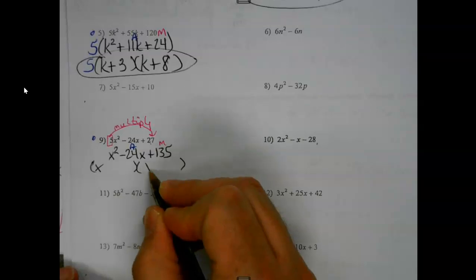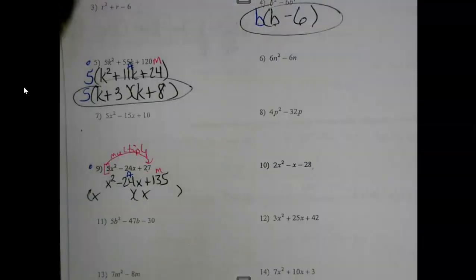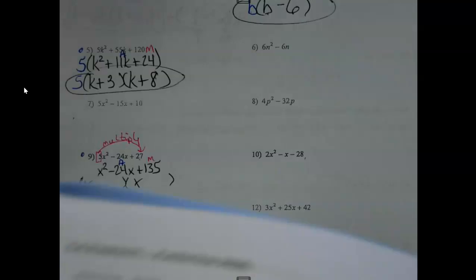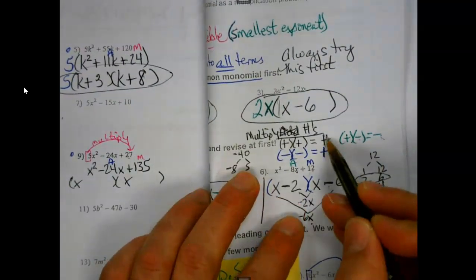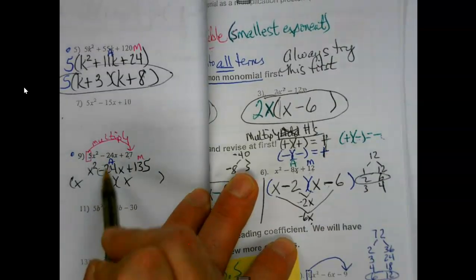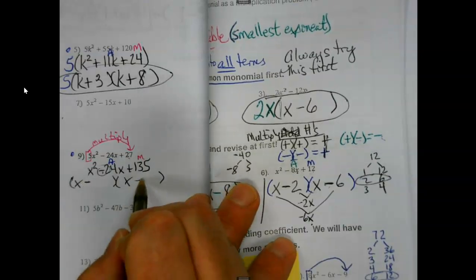Are you crazy? Maybe. It wouldn't be the first time I was that crazy. So I look and I'm like, well, wait a minute. My multiply number's positive. So if it's positive, there's two options. That's the option I want. I want negative and negative. So, okay, we got that piece.